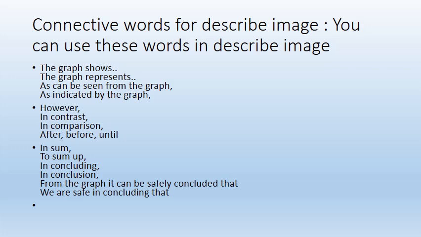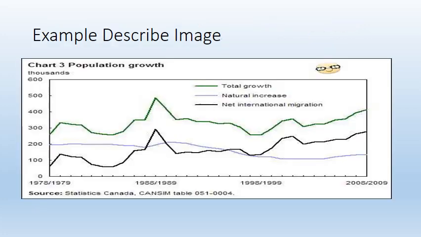Likewise, these are different phrases you should use. However, in contrast, in comparison, after, before, until, in sum, to sum up, in conclusion, from the graph it can be safely concluded that, we are safe in concluding that. So for conclusion, you can use these kinds of phrases.